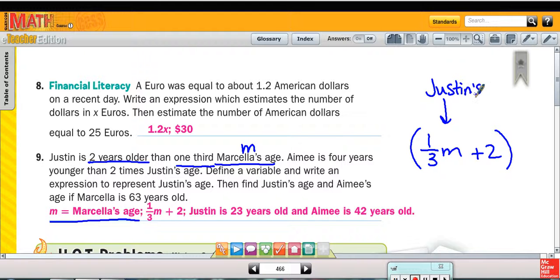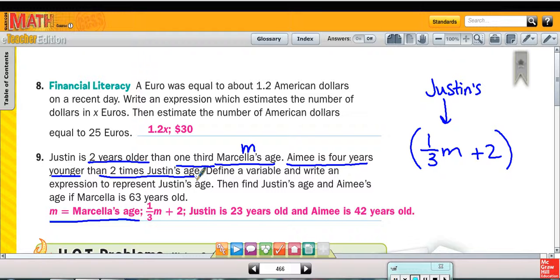Okay? So we're just going to remember that. It says Amy is 4 years younger than 2 times Justin's age. We just had to write an expression to define Justin's age.